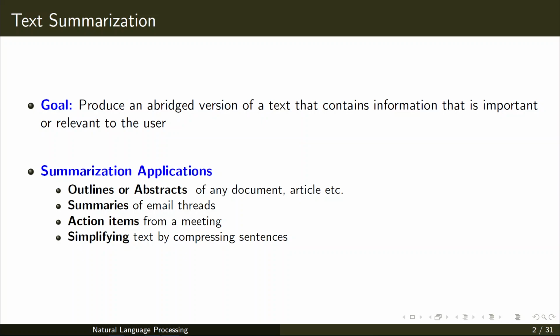Given a document, you are supposed to develop an abstract or an outline, or it can be the development of a summary of email threads. Let's say you have received some 100 emails on a particular topic or maybe a discussion. So you would like to identify a summary of all these emails in the given thread, or it can be action items from a meeting.